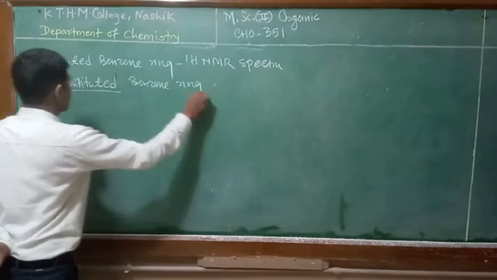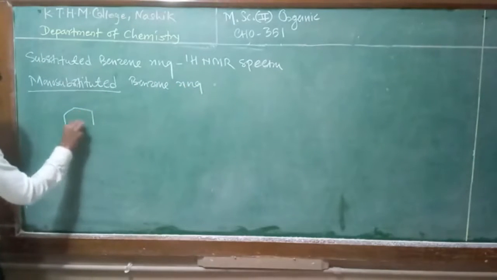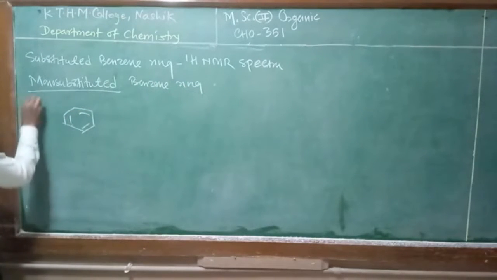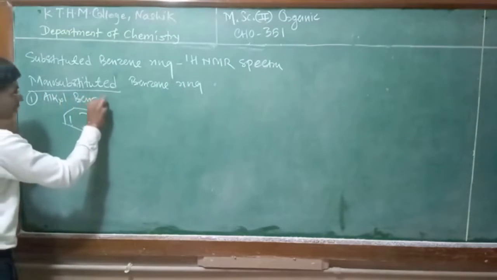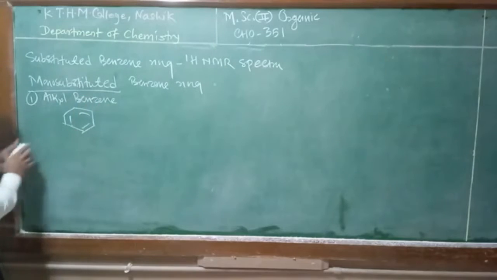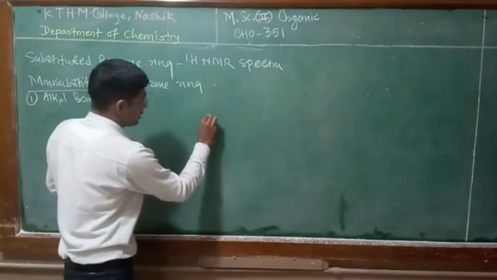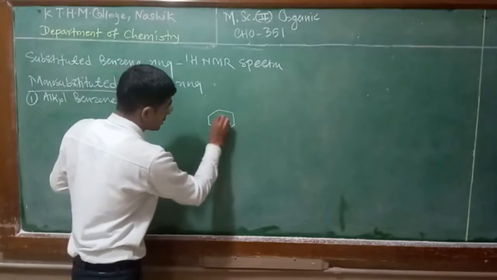In monosubstituted benzene rings, firstly we take alkyl benzene, where an R group is present.